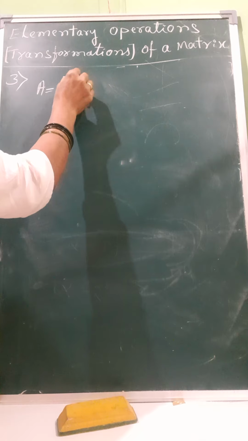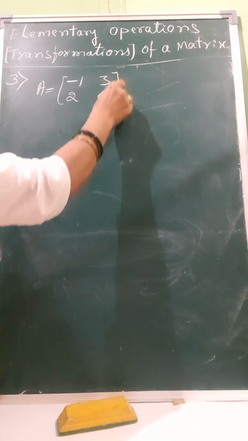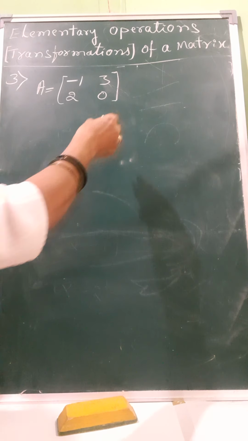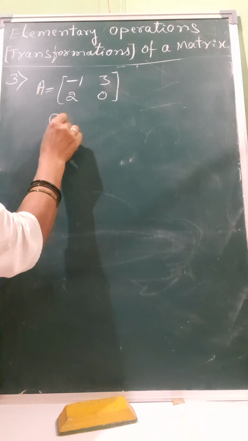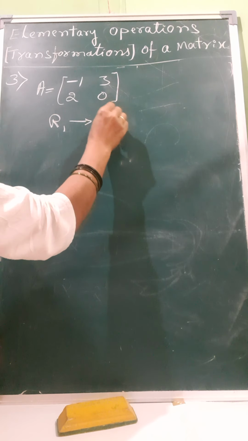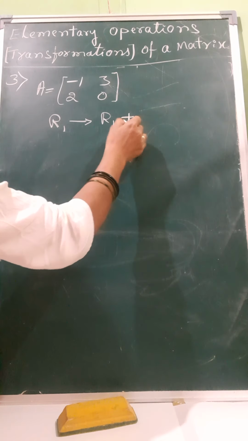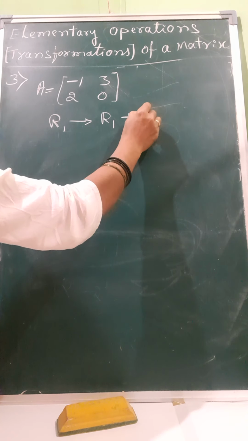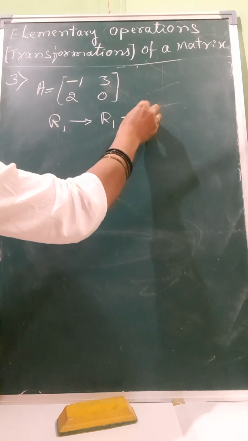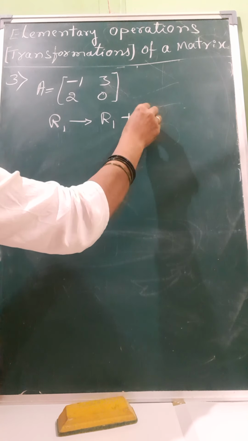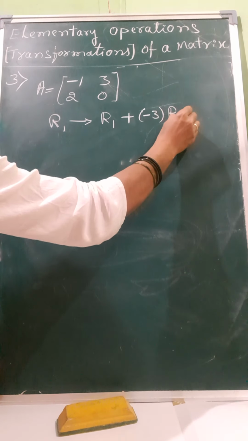A is equal to minus 1, 3, 2 and 0. This is the first row and this is the second row. We can change the first row like this, R1 plus, or we take the minus of a non-zero number, minus 3 into R2.